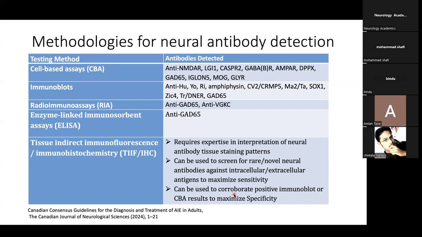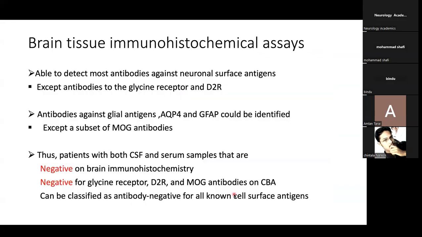Here there is a model: LGI1, Caspr2 and then anti-VGKC. Brain tissue immunohistochemical assay is able to detect most antibodies against the neural surface antigen, except for the antibody to the receptor. It also detects the antibody against the glial antigens aquaporin 4 and GFAP, except for a subset of the MOG antibody.